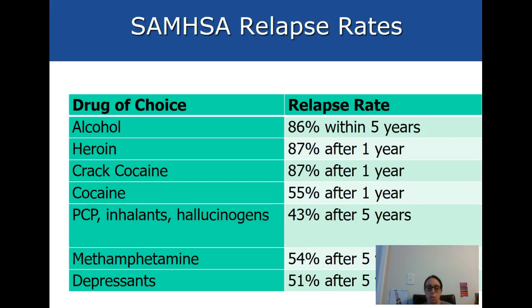If you went to a physician and they said you have cancer and there's an 86% chance that it will resurface, we wouldn't think that's great. Unfortunately, this is what we know about addictive use disorders. So I wanted to put that out there first, and then we're going to jump into the services that are delivered in inpatient and outpatient treatment and what that's like.